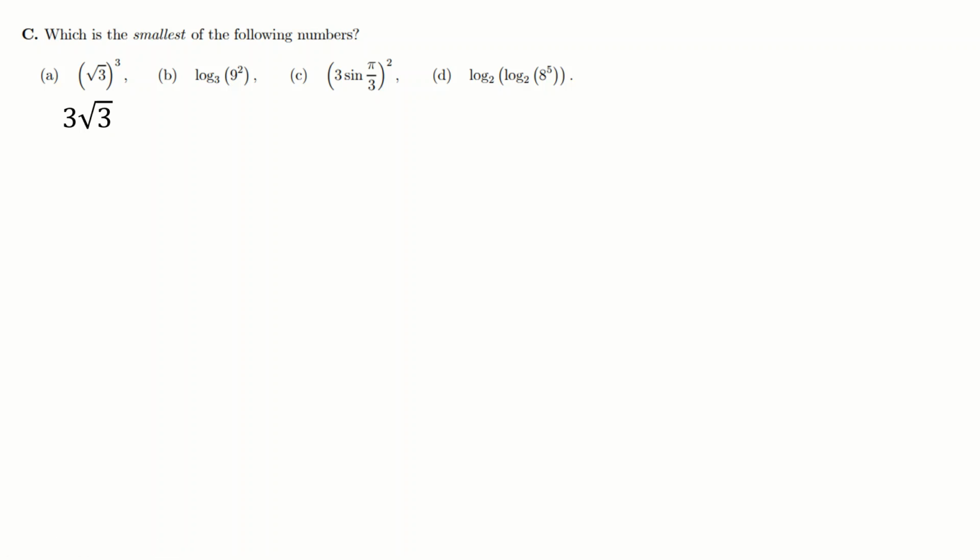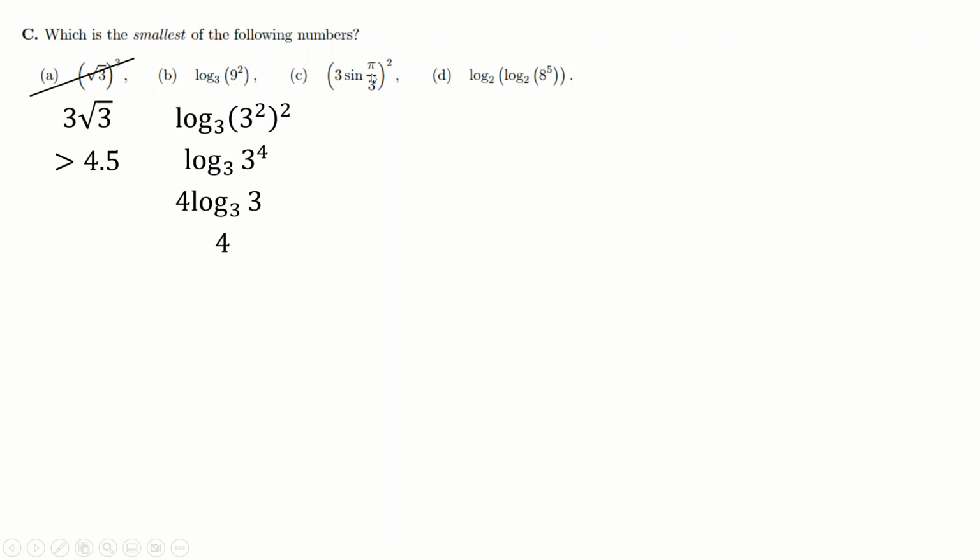But if you just pretend that it's 1.5, then this is 4.5, which makes the original correct thing bigger than 4.5. Because this is bigger than 1.5, this is bigger than 4.5. So I'll just leave that there and say that's my engineer estimate. This one I don't have to estimate because I can just write 9 as 3 squared, then use the indices law that we used in the last question, then bring the 4 down, and 4 log 3 to 3 is just 4. Which is smaller than this, of course, because this is bigger than 4.5, so that's not the correct answer.